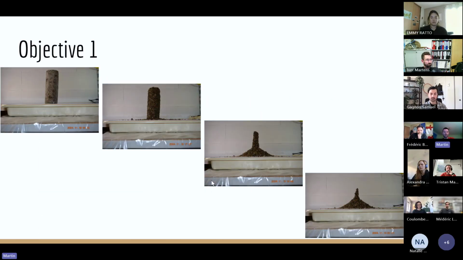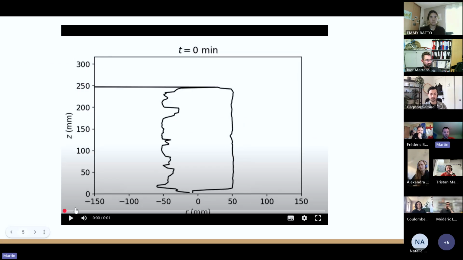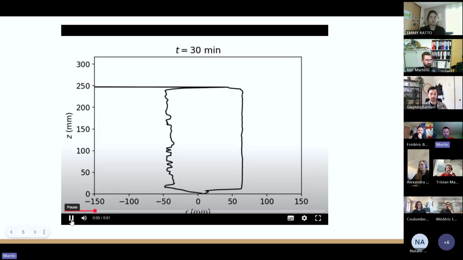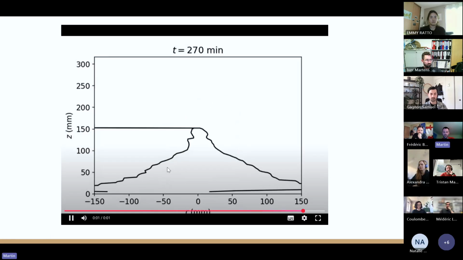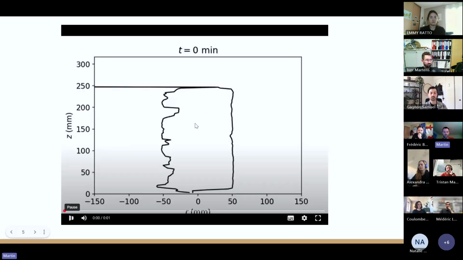Here we can see briefly what we were doing. On the left side, we have the picture of the fully frozen column. Then it was slowly melting, and we were recording how it behaved. Every 3, 4, or 5 minutes, we took a picture. So this is the model we made, and it shows the evolution of the thawing of one of the columns.